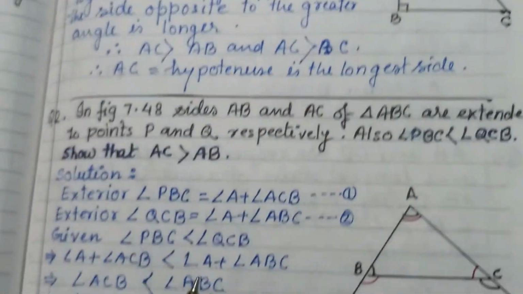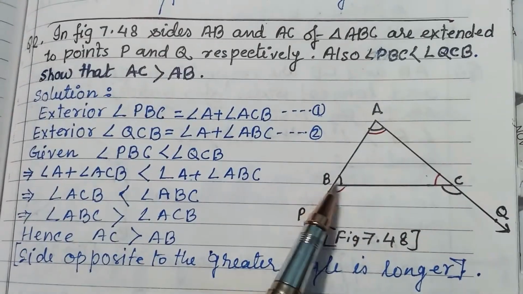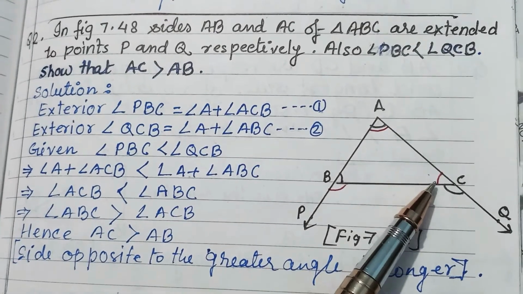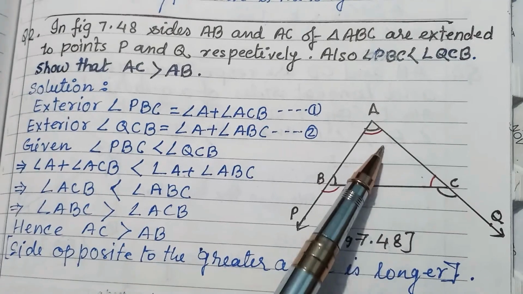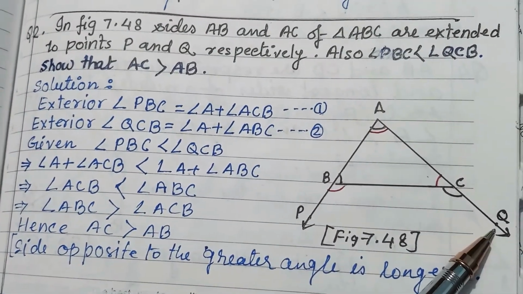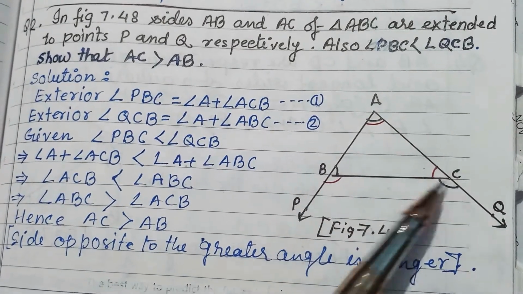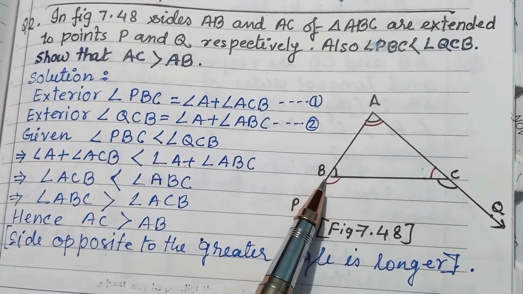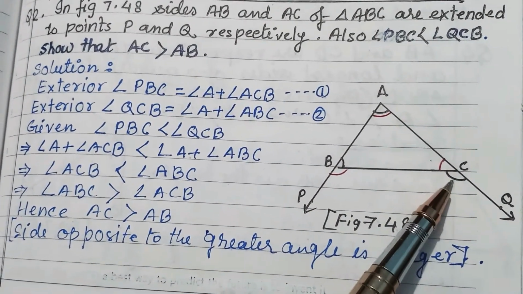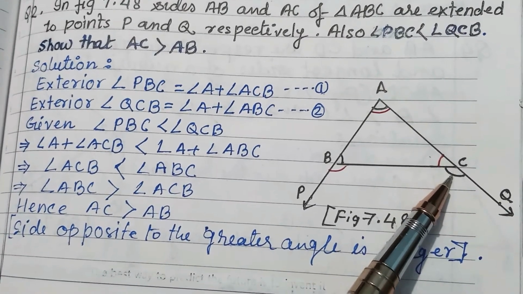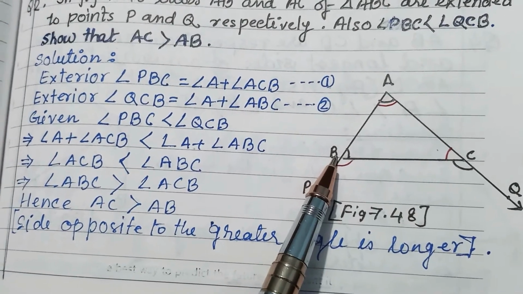Next question: in this figure, AB and AC of triangle ABC are extended to points P and Q respectively. Also angle PBC is smaller, and angle QCB is greater. Now show that AC is greater than AB.